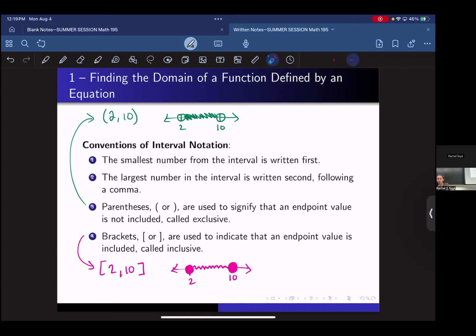And that number one and number two bullet points is just saying, okay, how do we write it? It's just as if you were to read a book from left to right, smallest to largest. You're always putting that smaller number first, and then that larger number last.